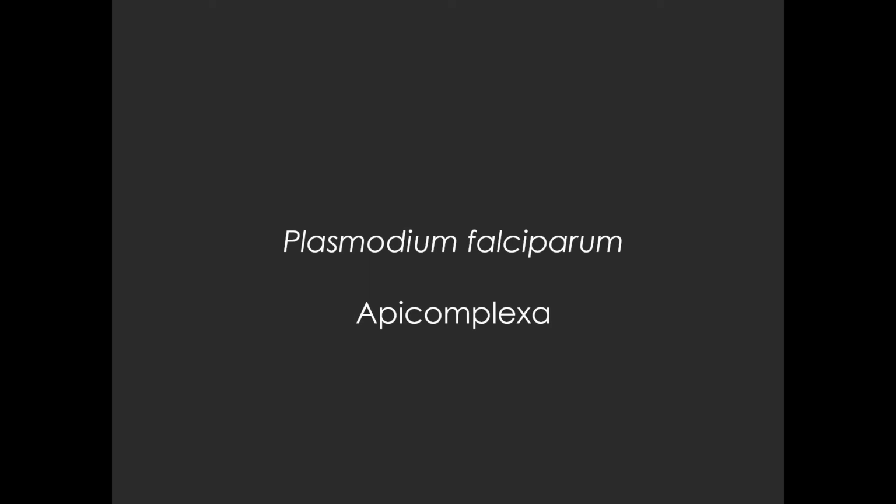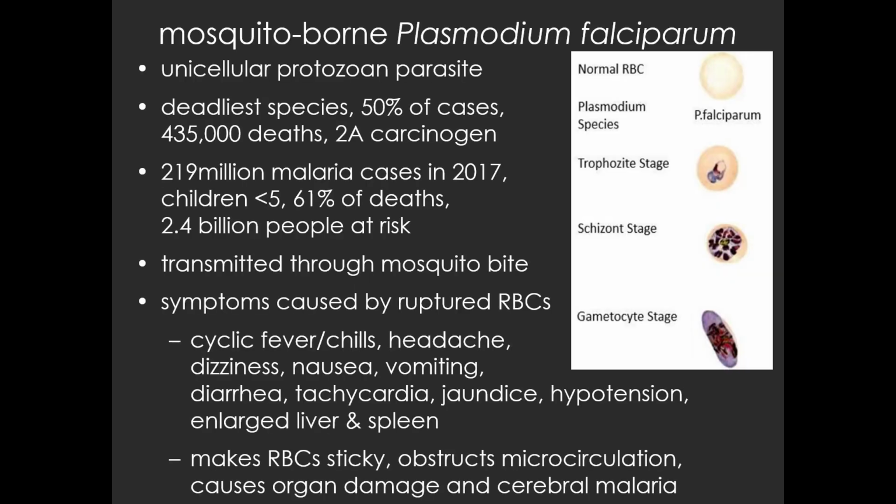All right, Plasmodium falciparum, the apicomplexan. Plasmodium falciparum causes the mosquito-borne illness malaria. It itself is a unicellular protozoan parasite which is non-motile, and P. falciparum is the deadliest species that is able to cause malaria.